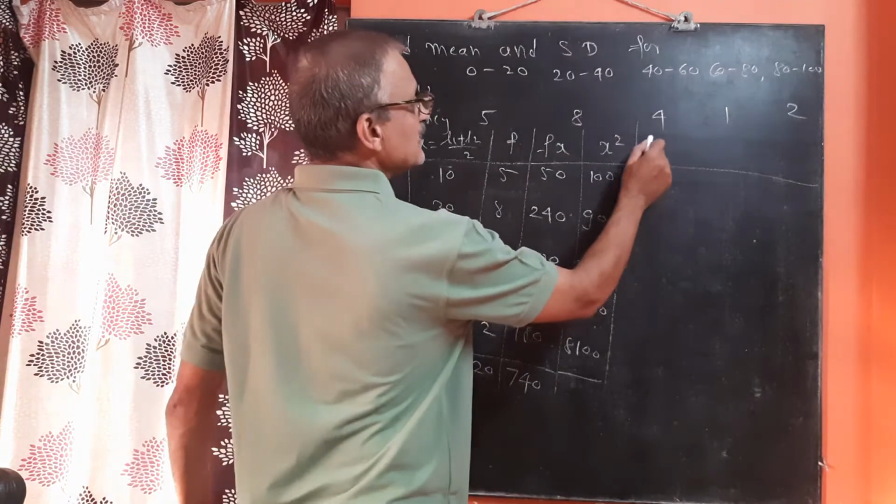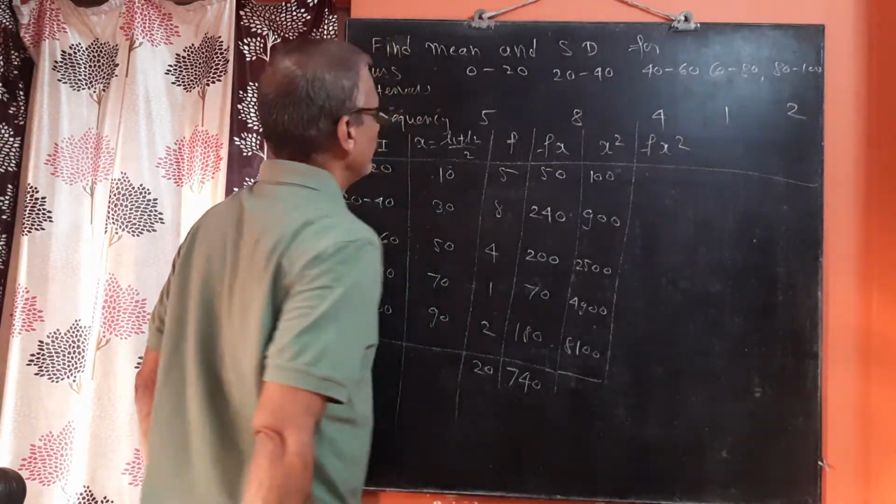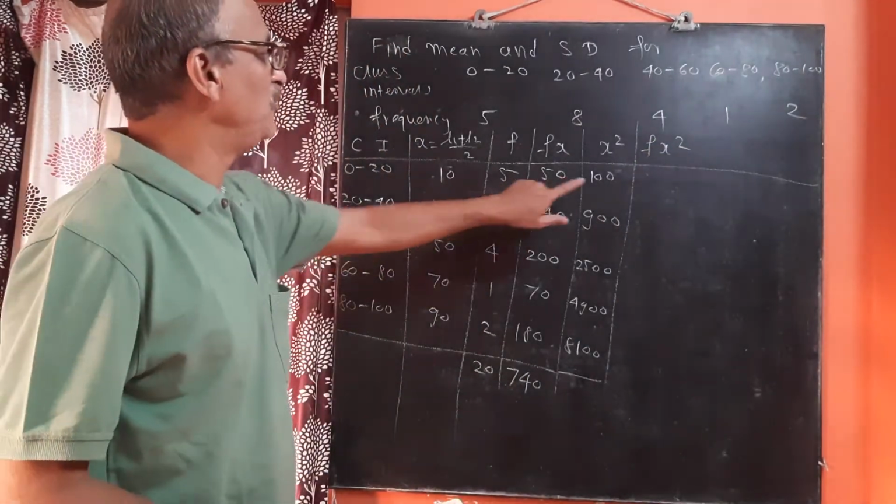The next is f into x square. F means this one into x square.